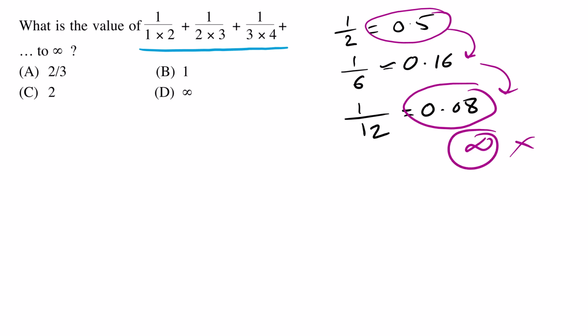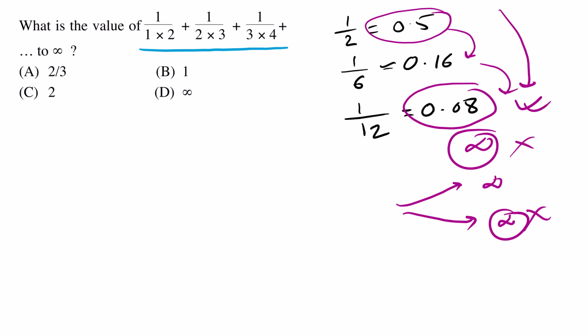Even in mathematics, there are a few theorems where we can predict if the series will approach infinity or it will approach some finite value. Okay, so logically also we can say that this value is approaching a finite value. So option D cannot be the solution.